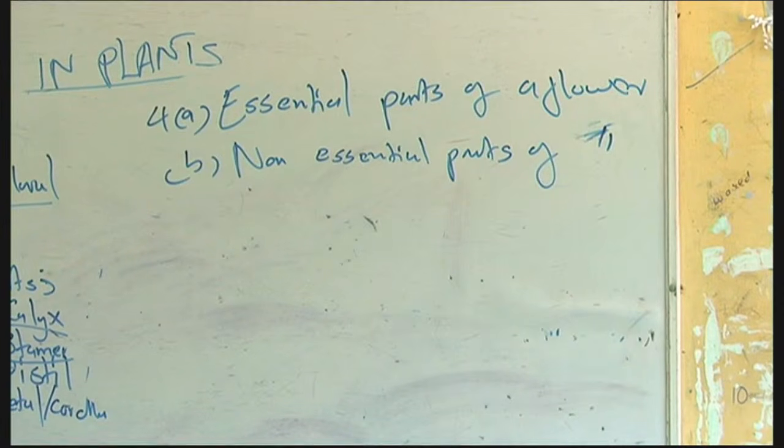Essential parts of a flower are those parts of a flower that are found in a complete flower.